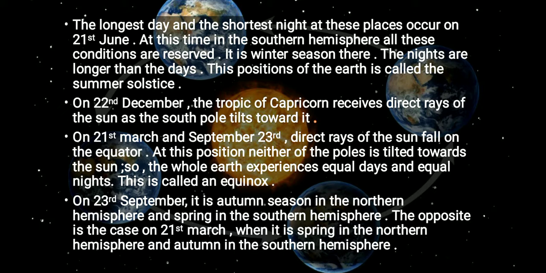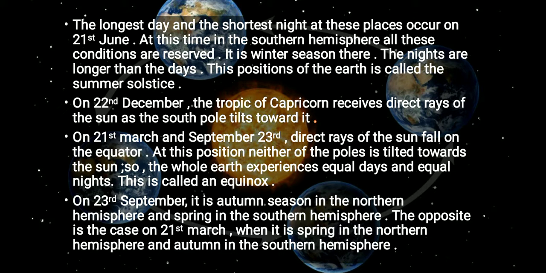Direct sun rays fall on the equator. So the whole earth will experience equal days and equal nights, and this position is known as equinox, when the earth experiences equal days and equal nights.